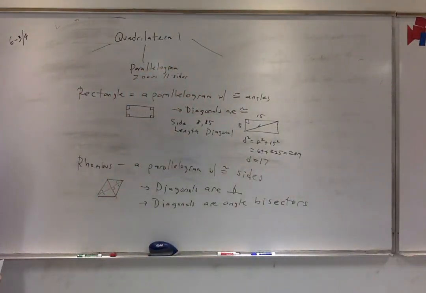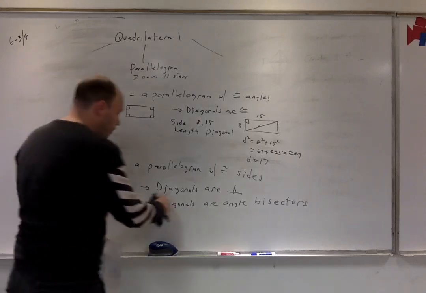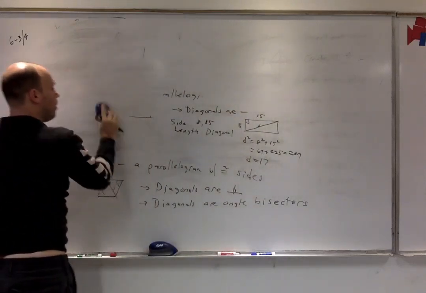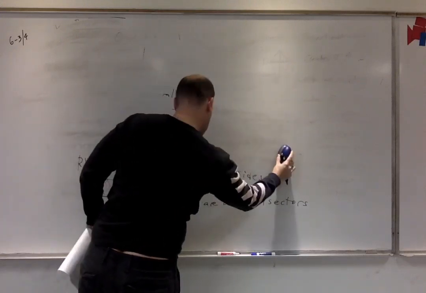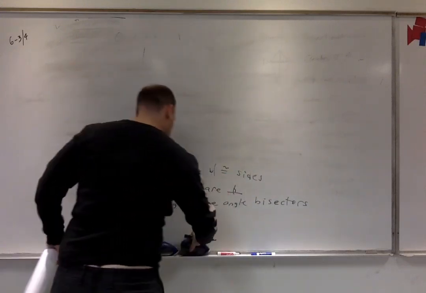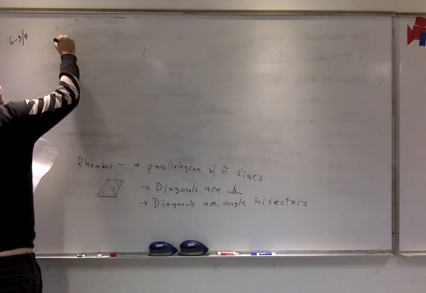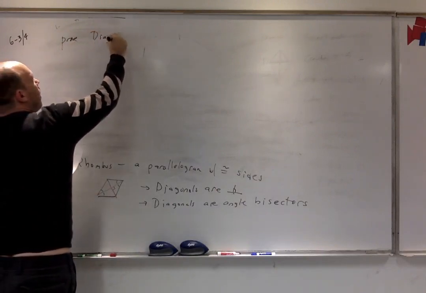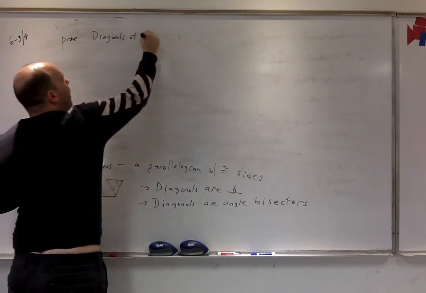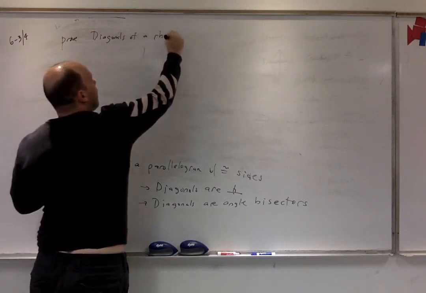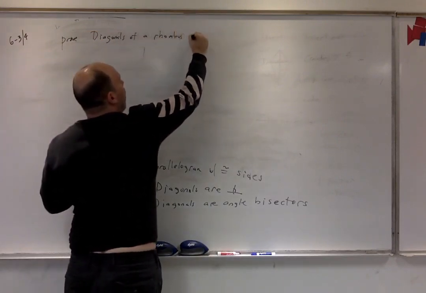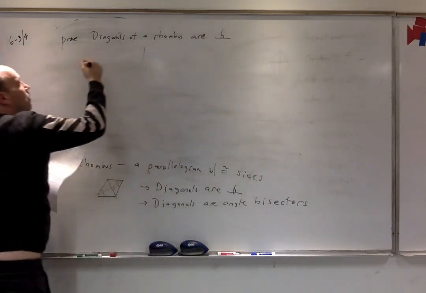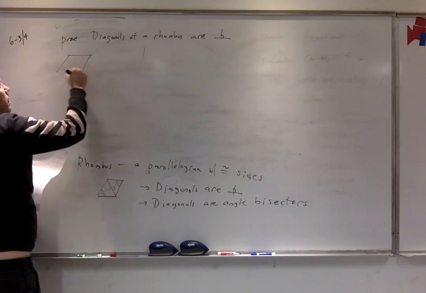So once again, let's prove this. Prove the diagonals of a rhombus are perpendicular. Okay, so we have A, B, C, D.